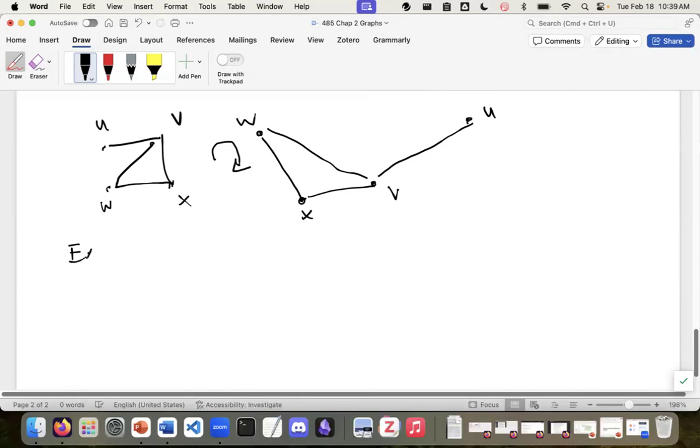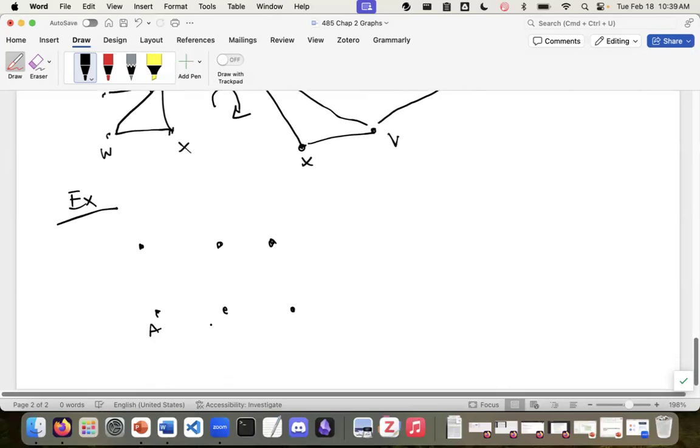So an example they have in the book is, if you remember the utilities graph, where we can draw it like this, where we've got house A, B, and C over here.